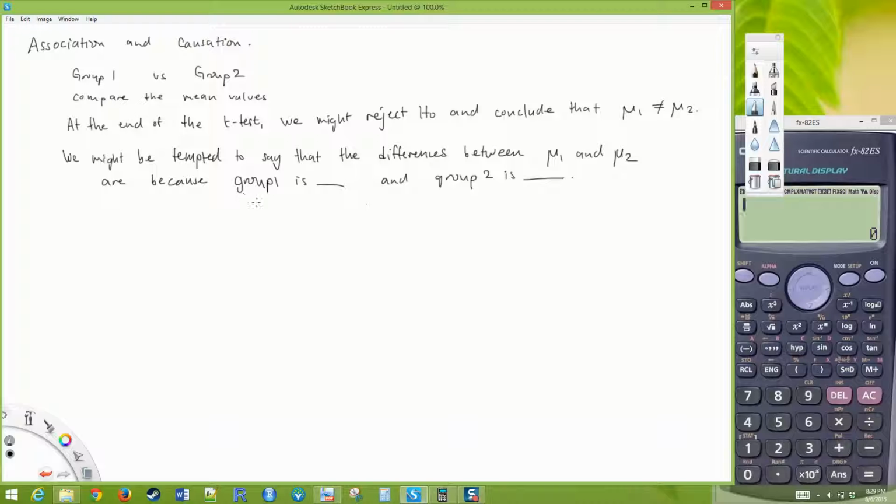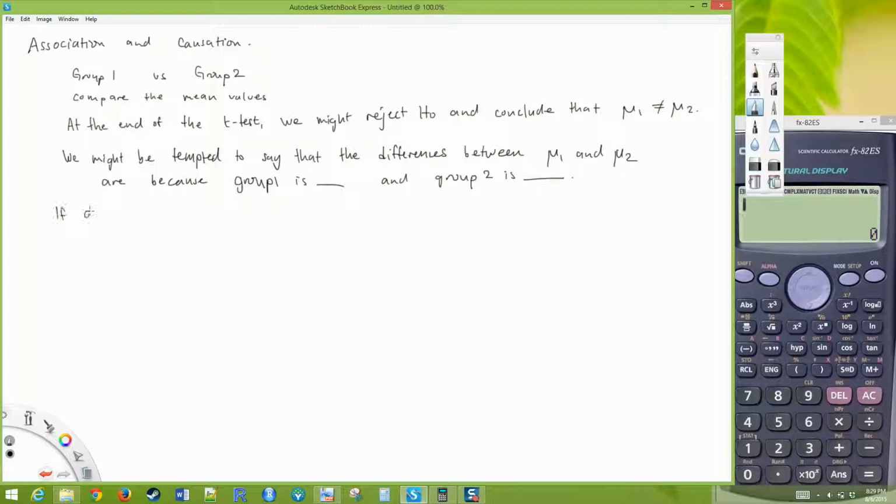okay? The only way we can make these causal conclusions is if group 1 and group 2 are established through random assignment in a controlled experiment, okay?